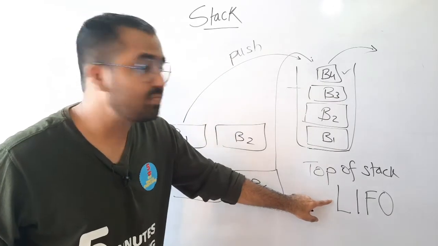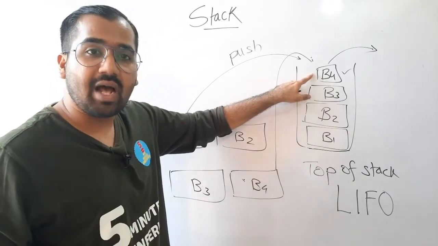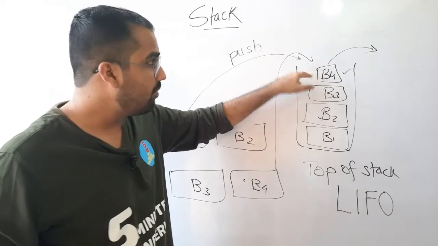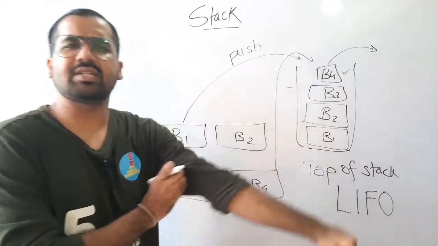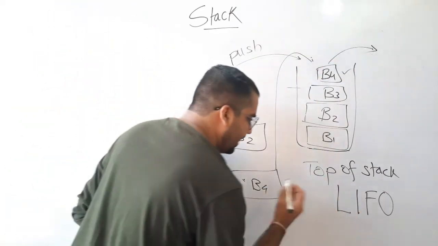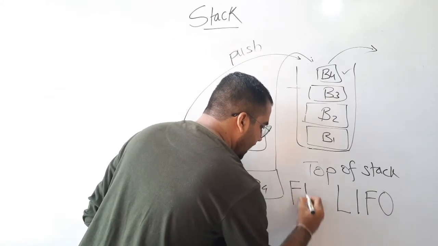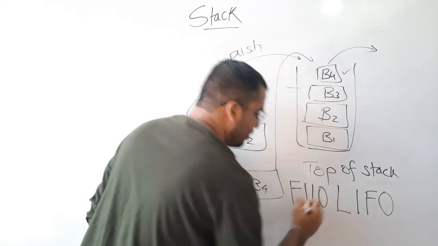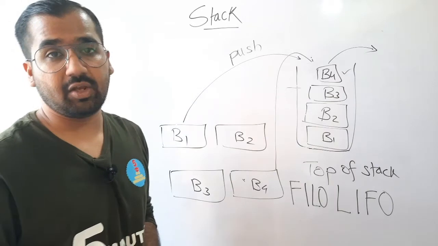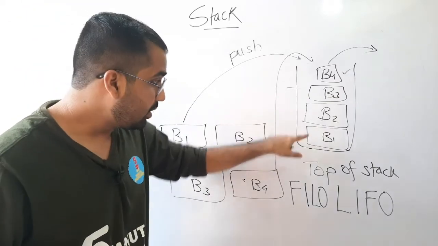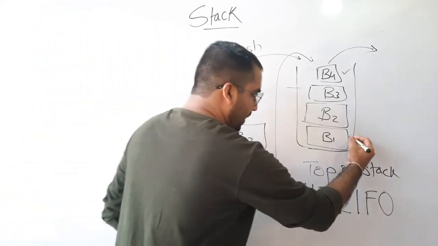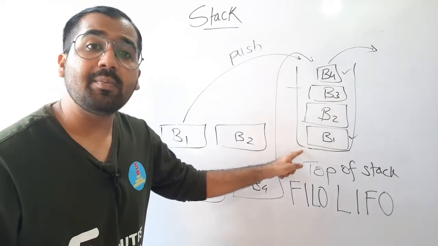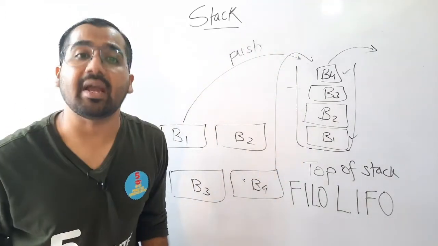It will work as per this rule, that is, the last element that is being pushed will be popped first. Or you can say it the other way also, like first in, last out. This way also you can describe the behavior of stack. The first one that we put in, that is B1, will be the last one to come out of the stack.